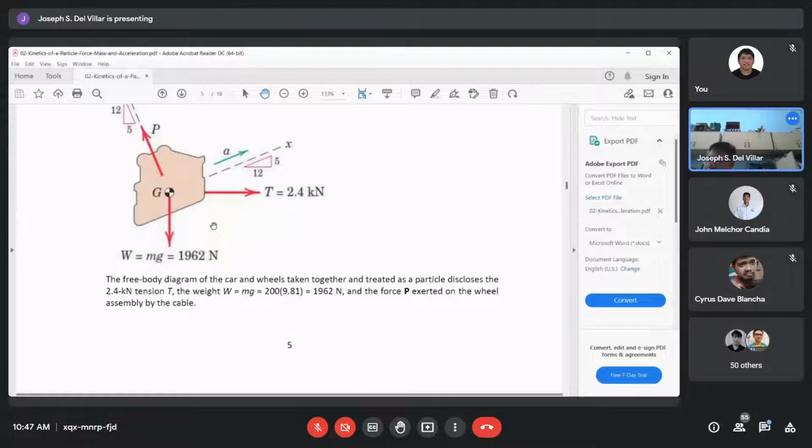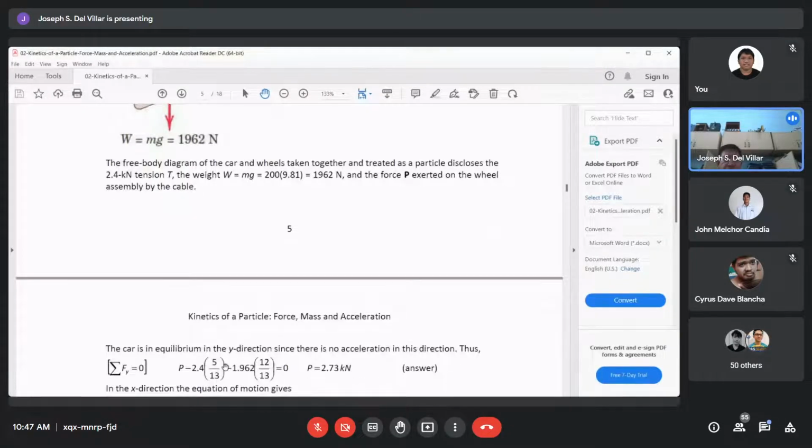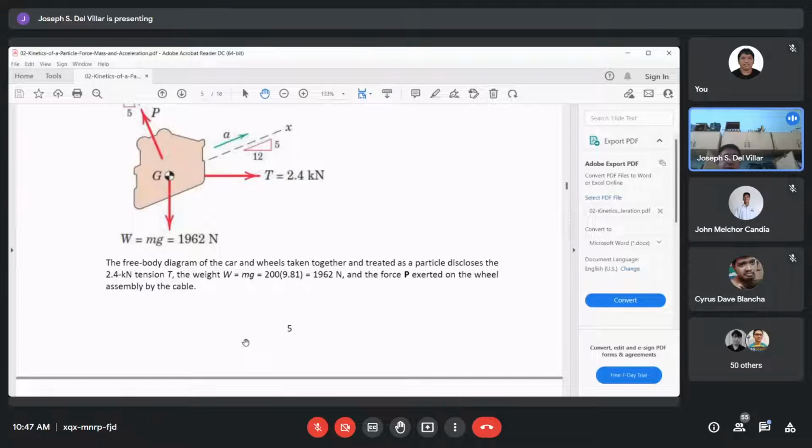Okay. And this 5/13, okay, is when you extend this y, then take the y component of this. Okay? So here it is. So that is 5/13. Okay. Okay po, sir. Thank you po.